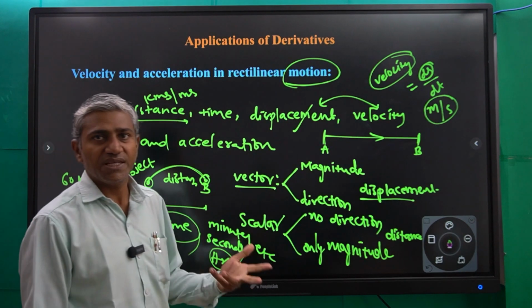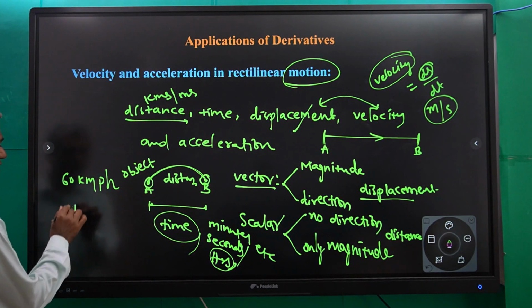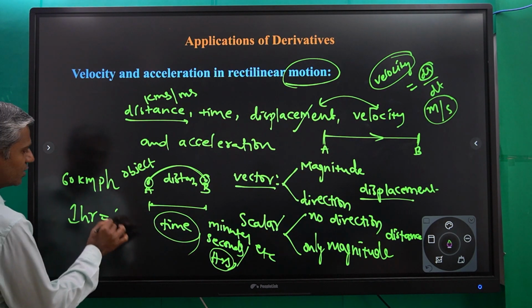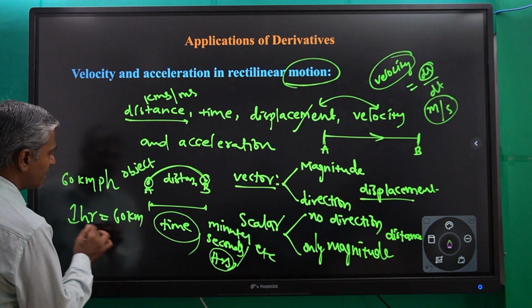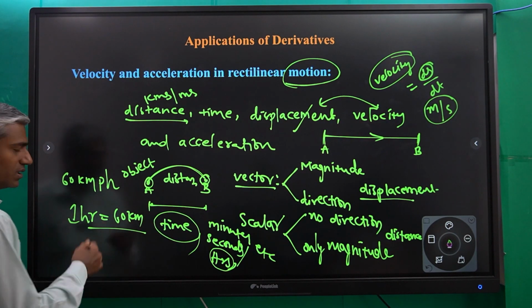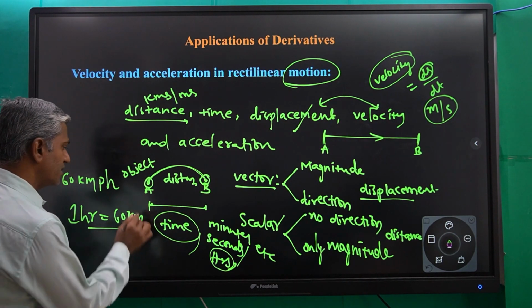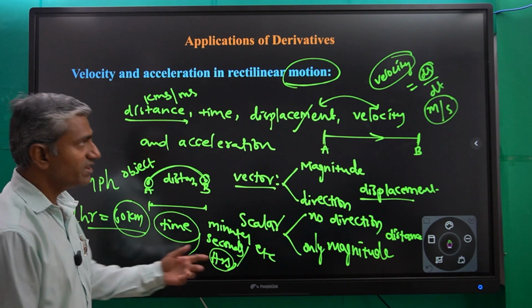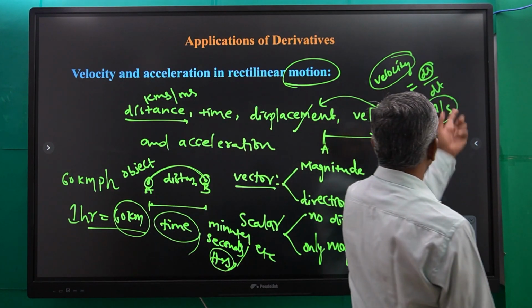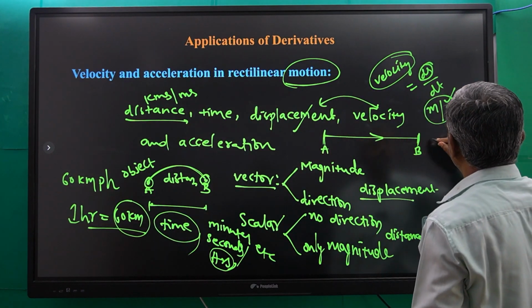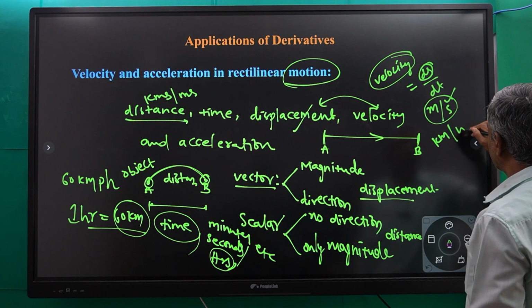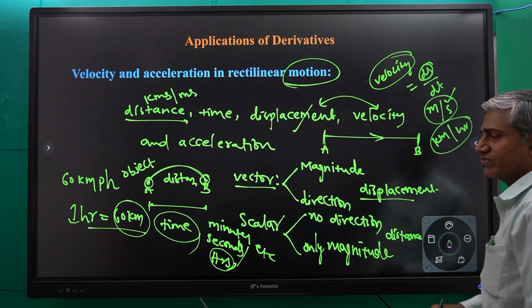What does it mean? In 1 hour it is traveling 60 kilometers. So the distance covered within 1 hour is 60 kilometers. In the same way, velocity is meter per second, kilometer per hour, etc.